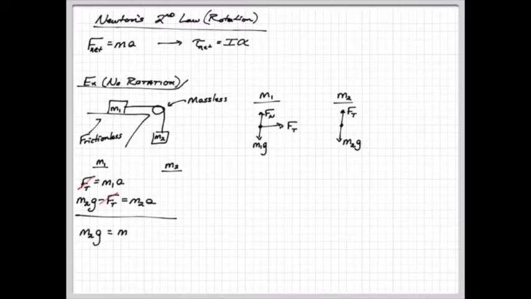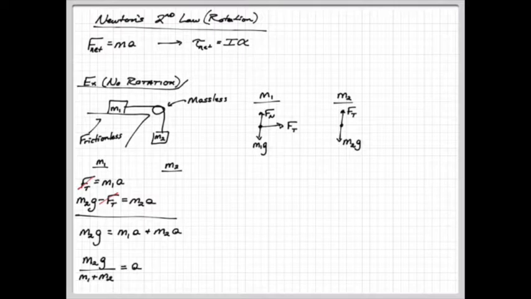On the right side, these will combine, mass 1 times acceleration plus mass 2 times acceleration. And to solve this, it's pretty basic. We're going to factor out the m's and divide them to the other side. So mass 2 gravity divided by mass 1 plus mass 2 is equal to the acceleration. Hopefully this expression is familiar to you.